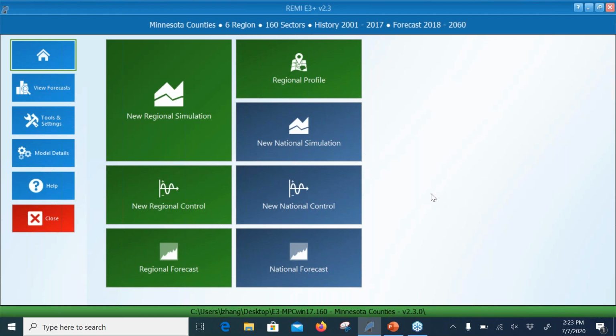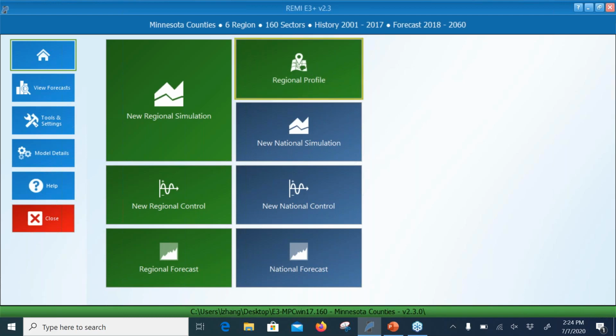We have various amounts of sector breakdowns. This model here, as typical of E3+ models, is a 160 sector model. But there are models for like 80 sectors, 23 sectors, and so on. So this is the home screen of E3+, and you can see this in every one of REMI's models, such as PI+.